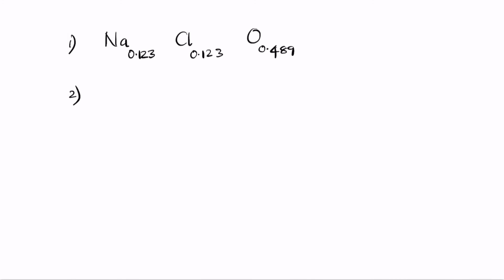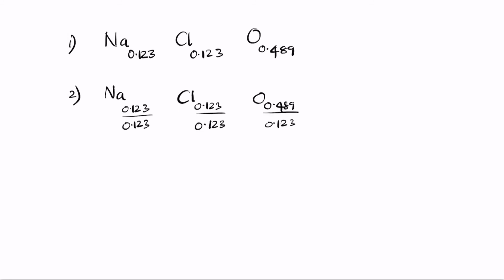The smallest one is 0.123, so you have sodium 0.123 by 0.123, chlorine 0.123 by 0.123, oxygen 0.489 by 0.123. So you get sodium 1.00, chlorine 1.00, oxygen a value of 3.98.